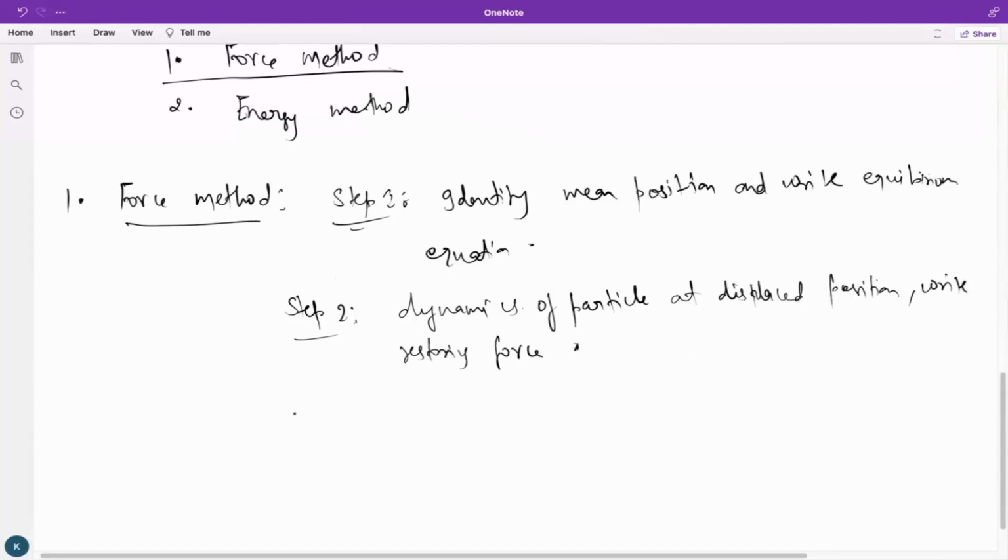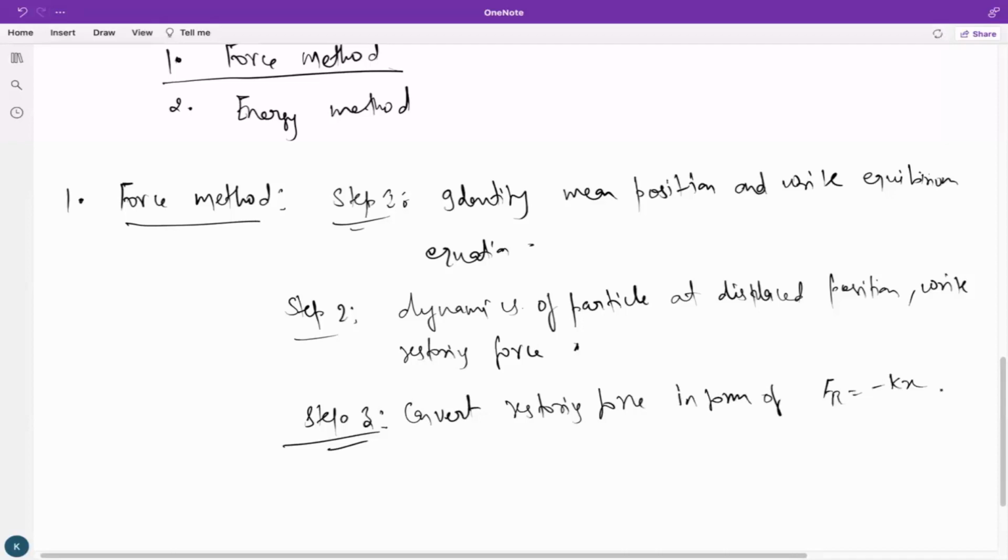Next, step 3: convert the restoring force into the form Fr is equal to minus Kx, taking help of the equilibrium equations or any approximation as well, wherever it is used.